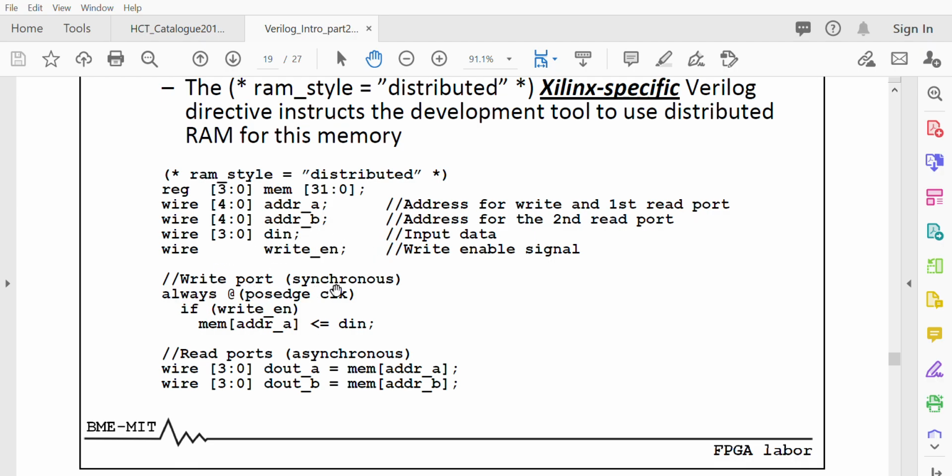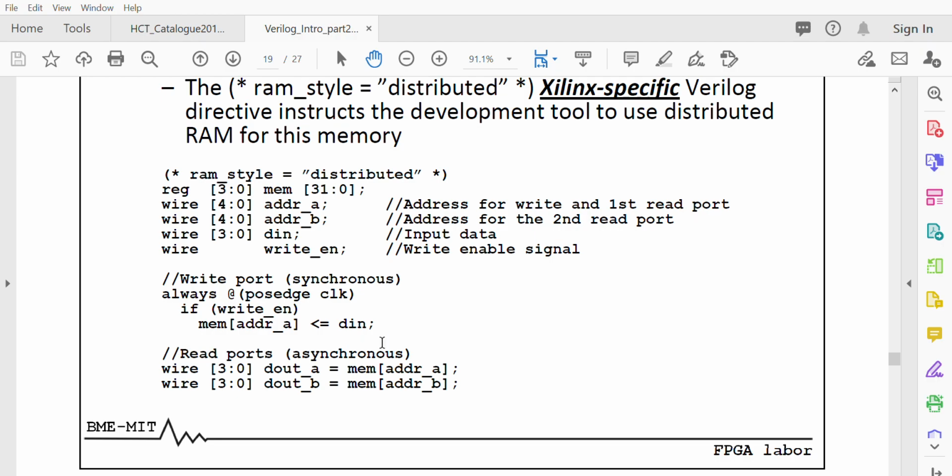So always at the positive edge of the clock, if you have write enable, then the memory location at address A is going to be overwritten with DN. That's what it means, at the positive edge.